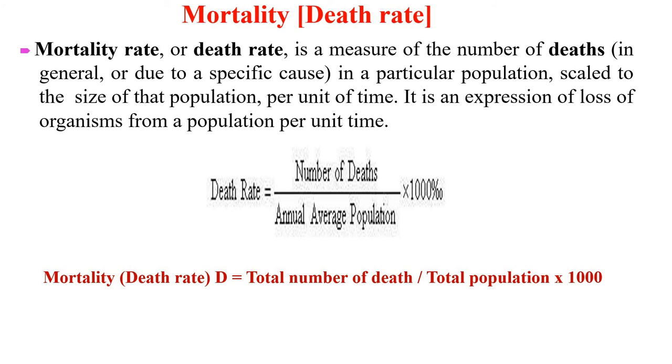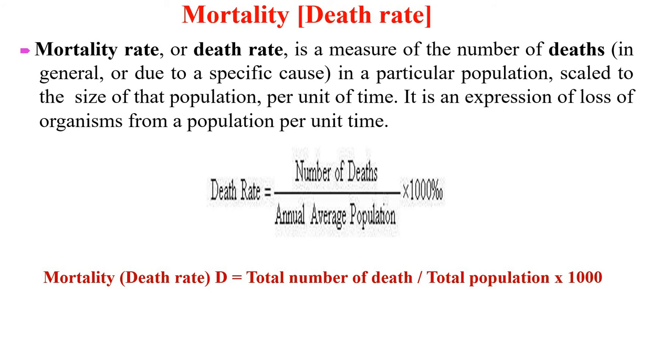Now we'll consider the next, that is mortality. The next dynamics, mortality means death rate, which is a measure of the number of deaths in general due to a specific cause in a particular population scaled to the size of that population per unit of time.